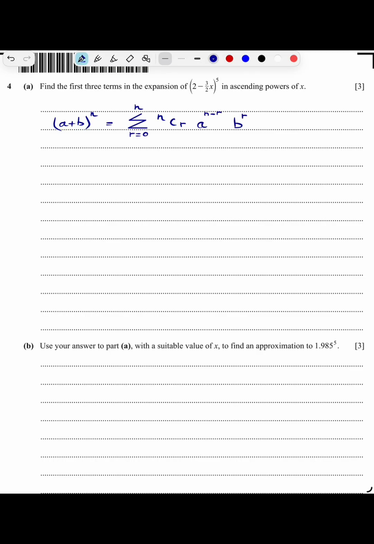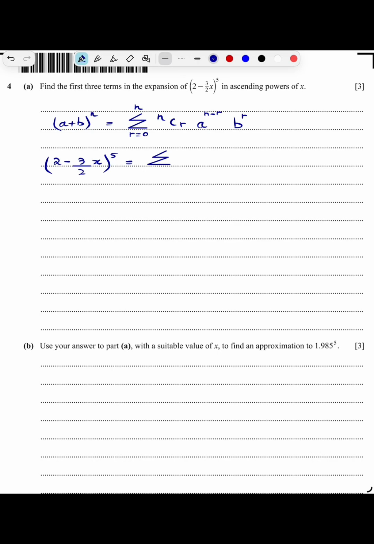power r, right? So in our question, the value of a is actually 2 and the value of b is minus 3 over 2x. Okay, so 2 minus 3 over 2x power, no, power 5. Yeah, sorry, my bad.